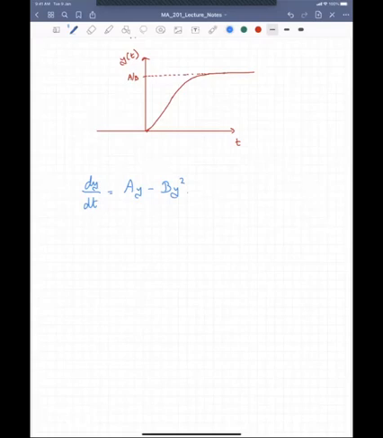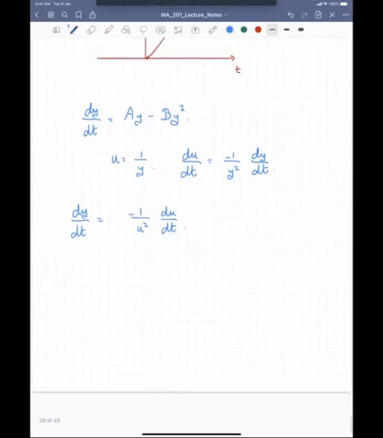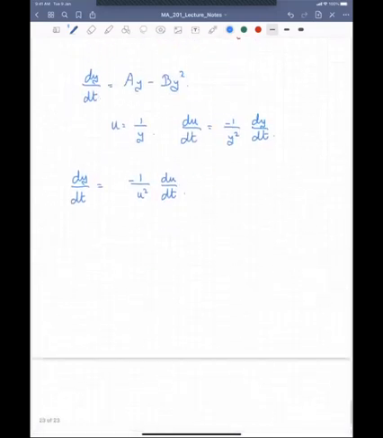But suppose I make a change of variables, u equals 1 over y. Then obviously du/dt is minus 1 over y squared times dy/dt. So dy/dt can be written as minus 1 over u squared times du/dt. Substitute this into the equation.